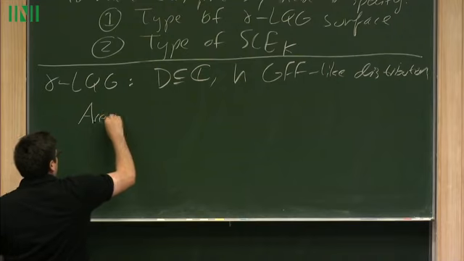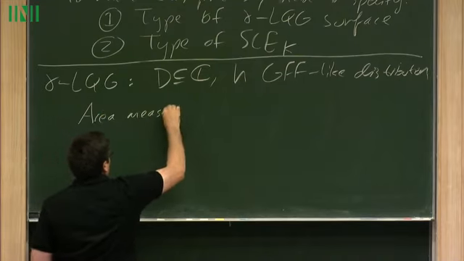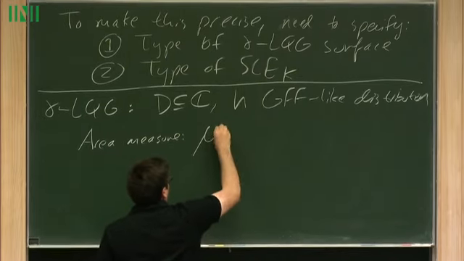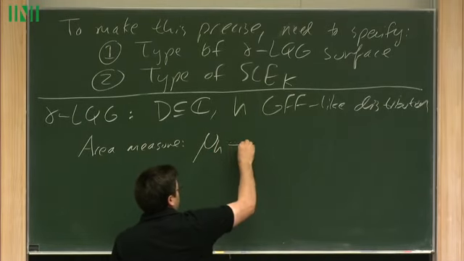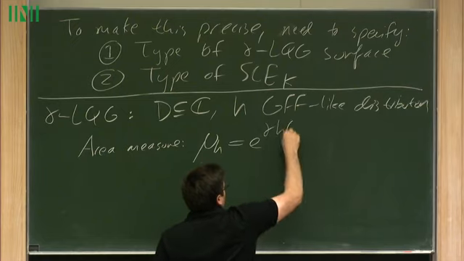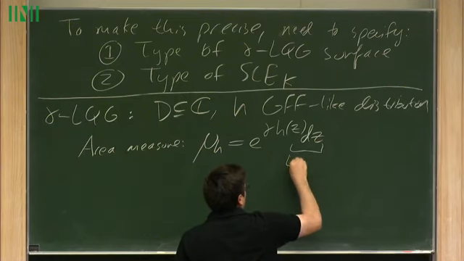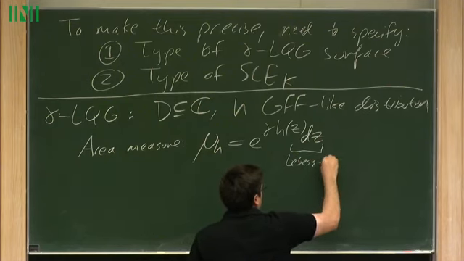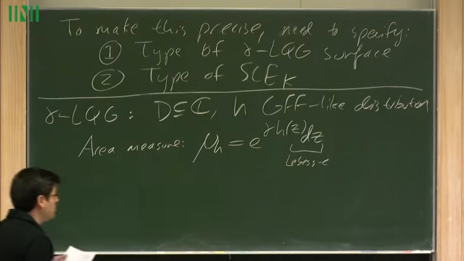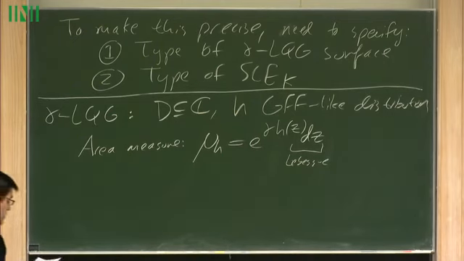So you have the area measure, let me call this mu h. Roughly speaking, this is what you get when you take Lebesgue measure with the density e to the gamma h, where h is your Gaussian free field like distribution.